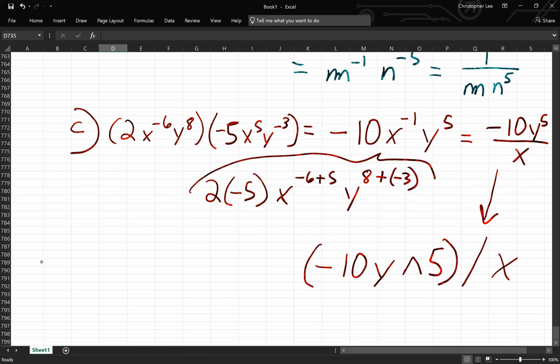Some of the questions might ask what's the numerator, what's the denominator. So the numerator is negative 10 y to the fifth power, and the denominator is just the x by itself.